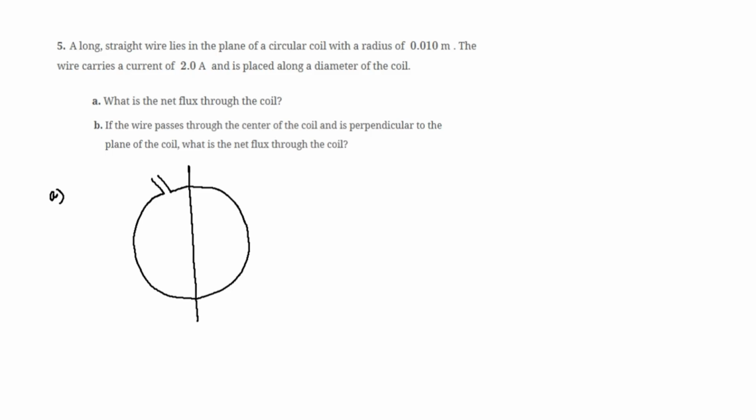It's just along the diameter of the coil. They said the coil has a radius of 0.010 meters. And then they say that the wire carries a current of 2 amperes. Now, they don't say in what direction this current is, so I would be assuming the current points over, like this.